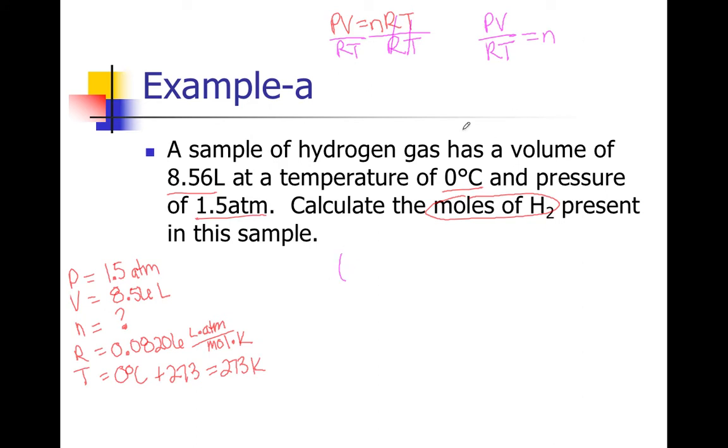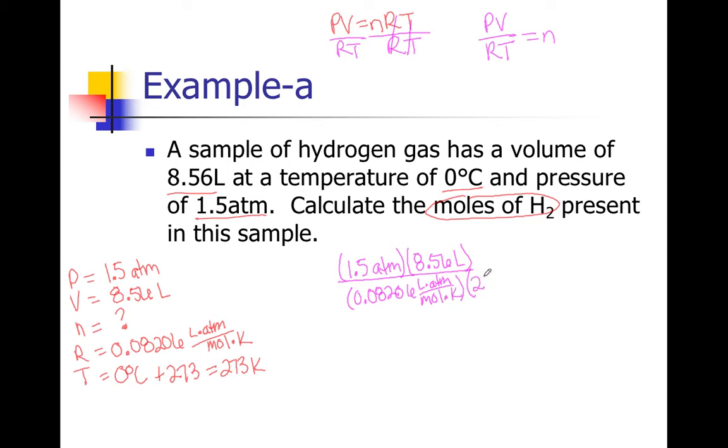So the pressure that we have is 1.5 atm. The volume is 8.56 liters. The R value is 0.08206 liters times atmospheres divided by moles times Kelvin.